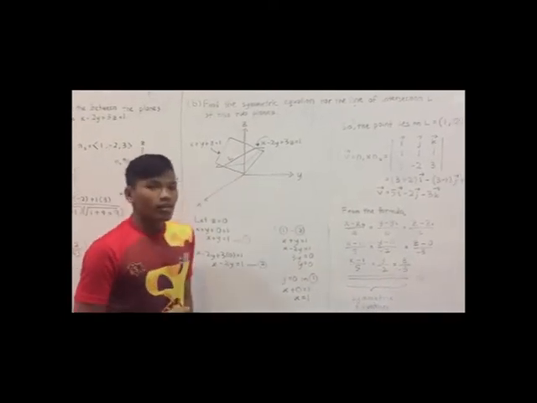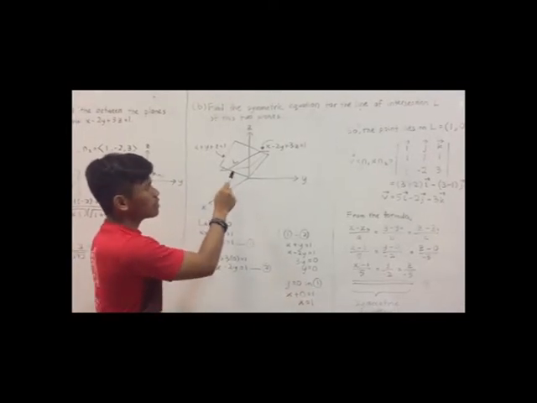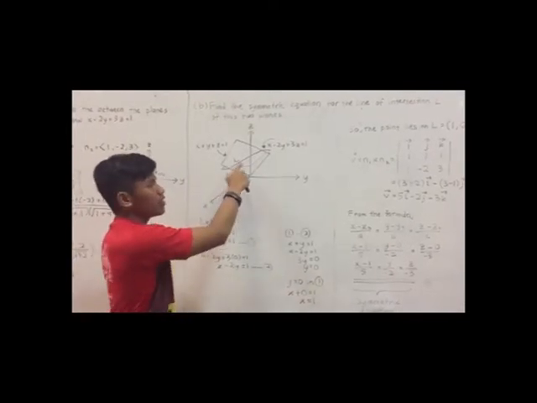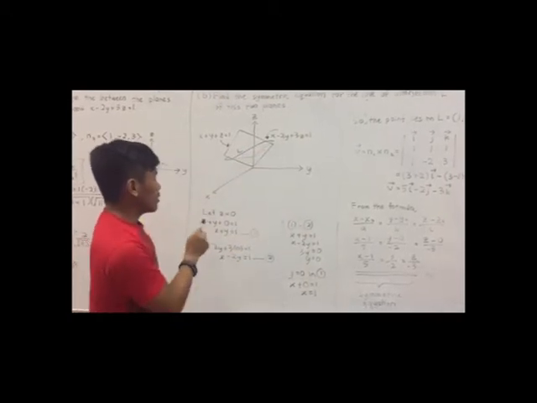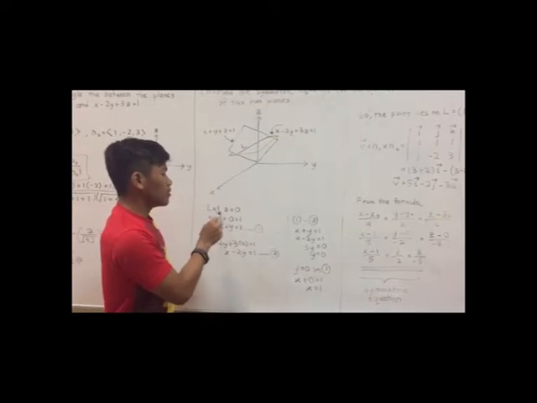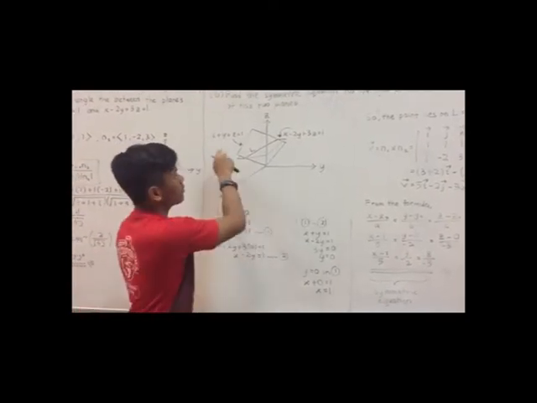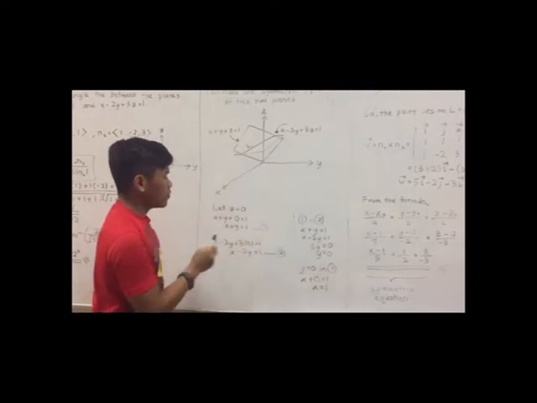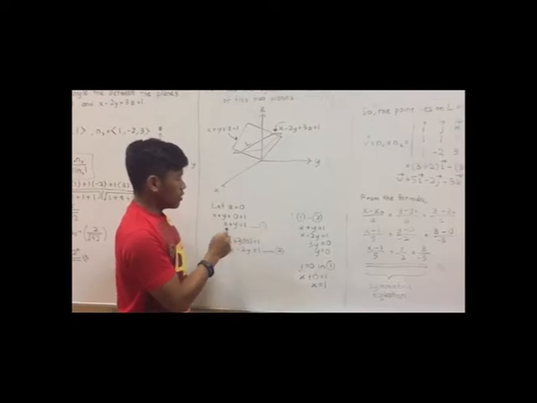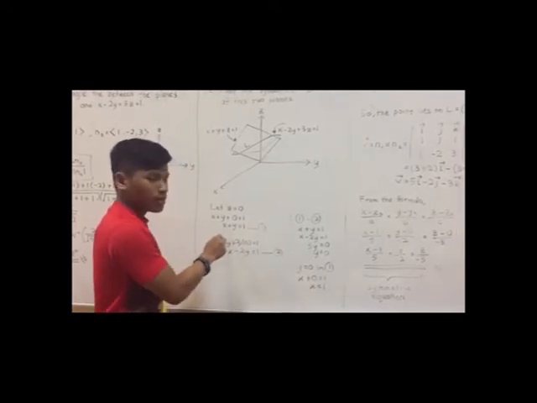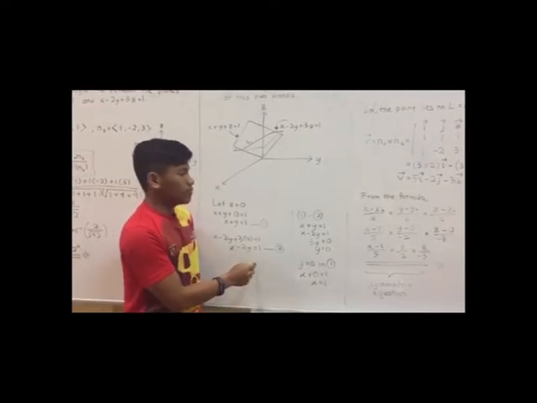To solve this, first we must find a point that lies on the line L. So we let z equal to 0, and then we substitute into both equations. So we get the first equation, x plus y equal to 1, and the second equation, x minus 2y equal to 1.